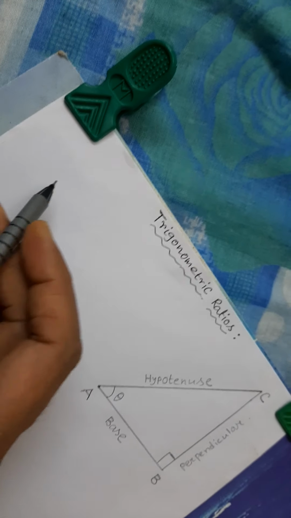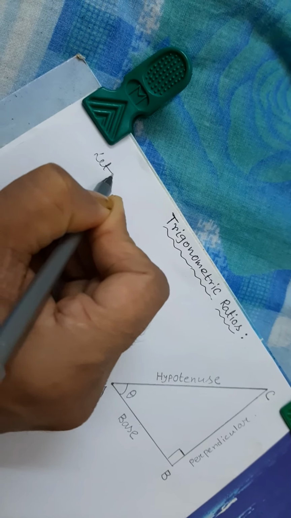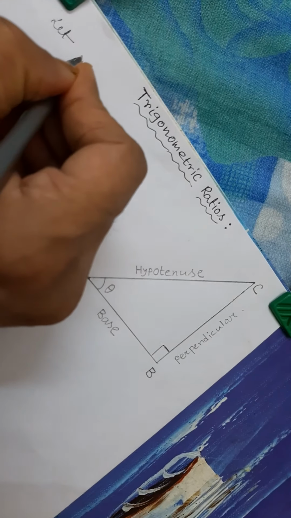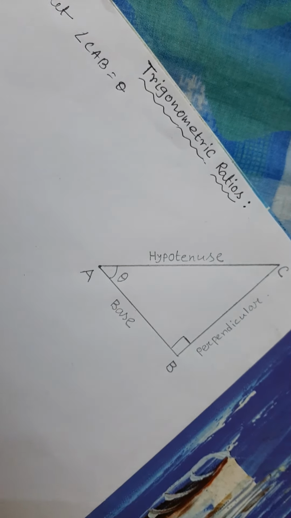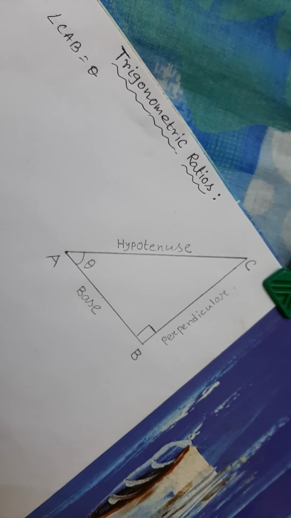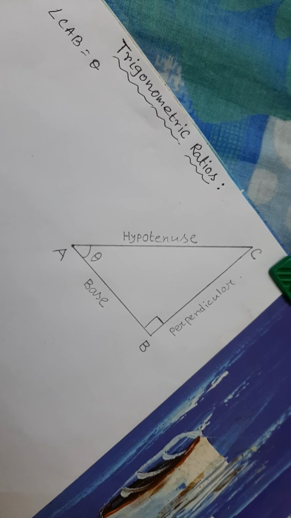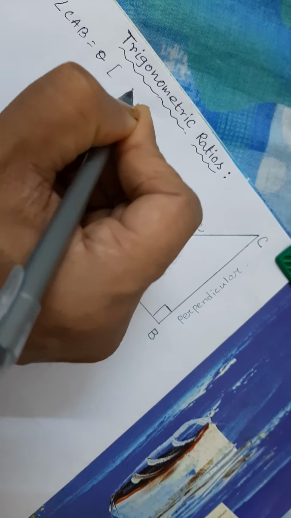Let angle CAB equal theta, and this angle is less than 90. So less than 90 means theta is an acute angle.